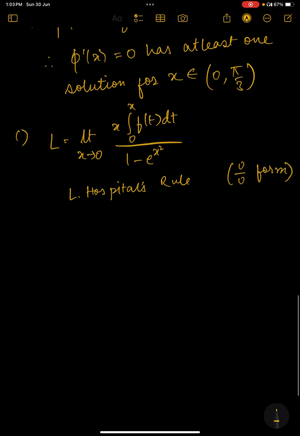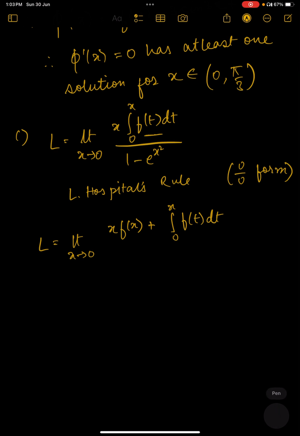You can check that it is of 0 by 0 form. So we have limit L is equal to x f(x) plus integral over 0 to x f(t) dt. We first apply the differentiation on this term, and in the second part we apply the differentiation on this term. So we have minus 2x e power x square.